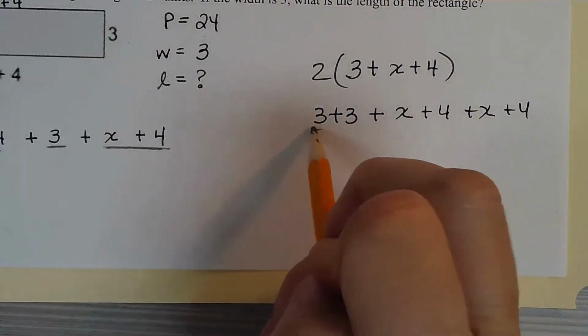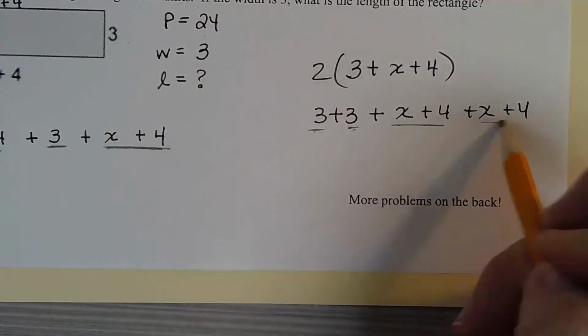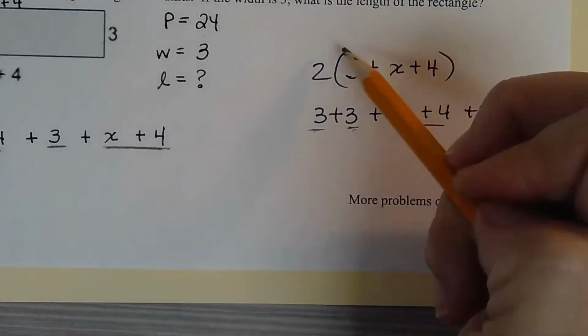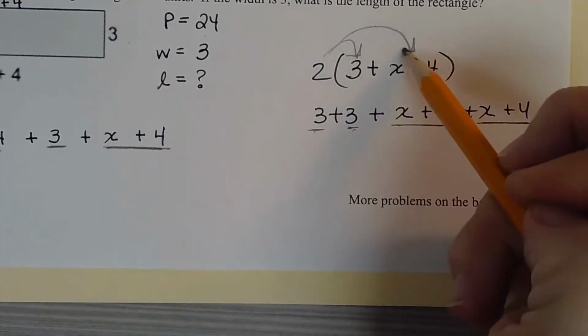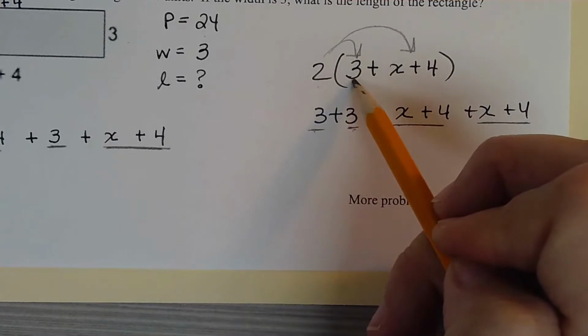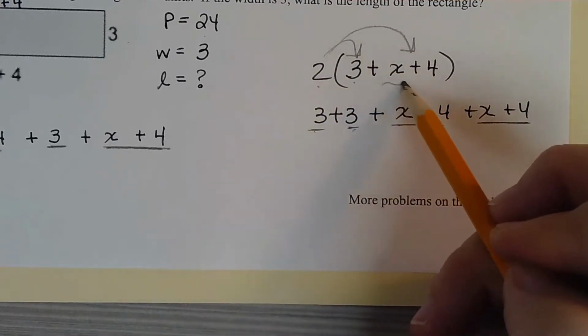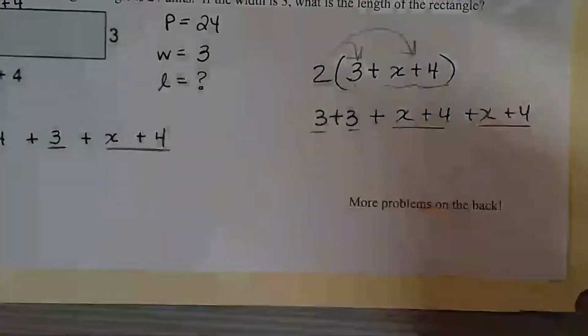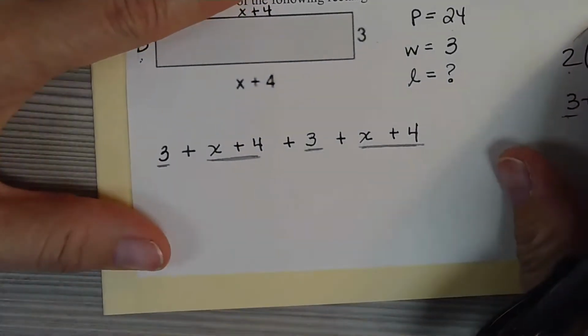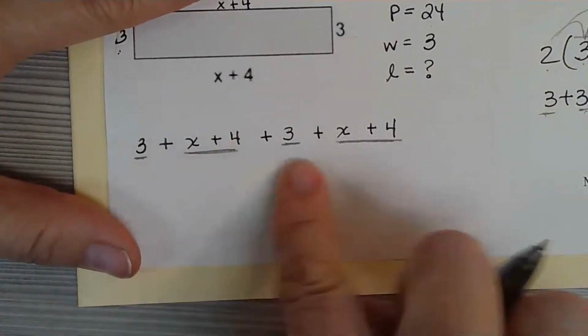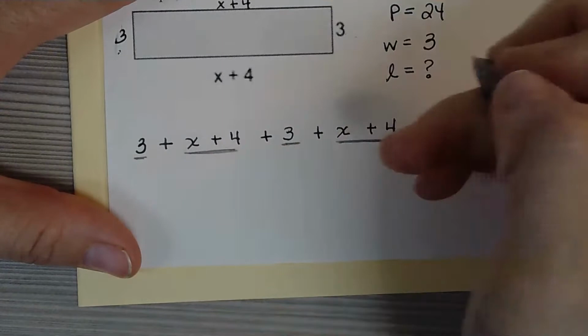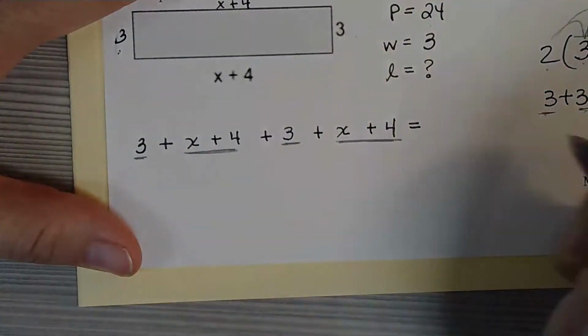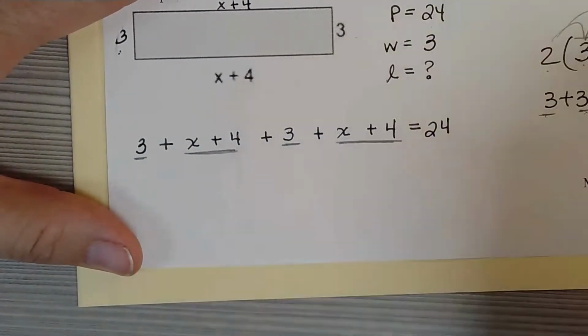So you still have those 4 sides, okay? And this would mean the same thing because you are distributing 2 3s and 2 x plus 4s. I'm just going to leave it like this because I know from teaching it in the past, that's how a lot of people just like to write it. So then it equals the perimeter, which they told us is 24.